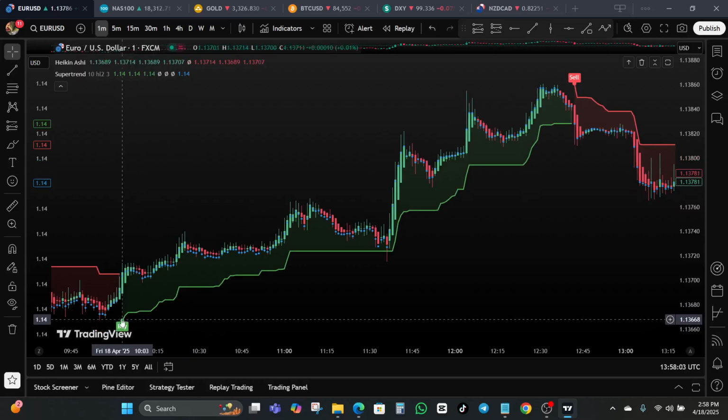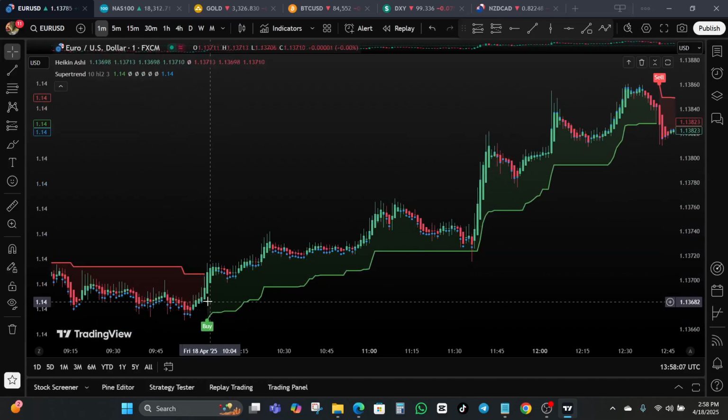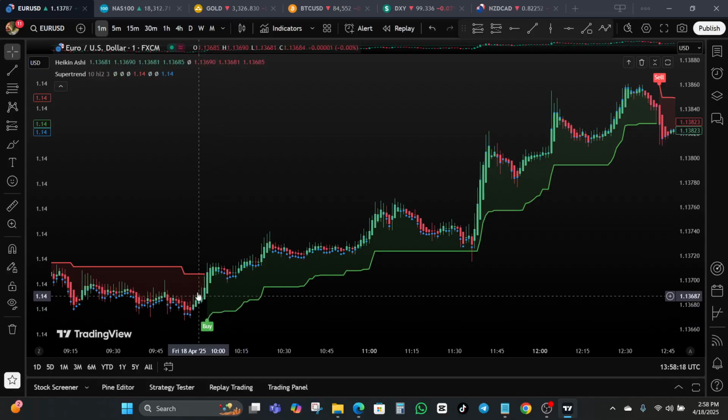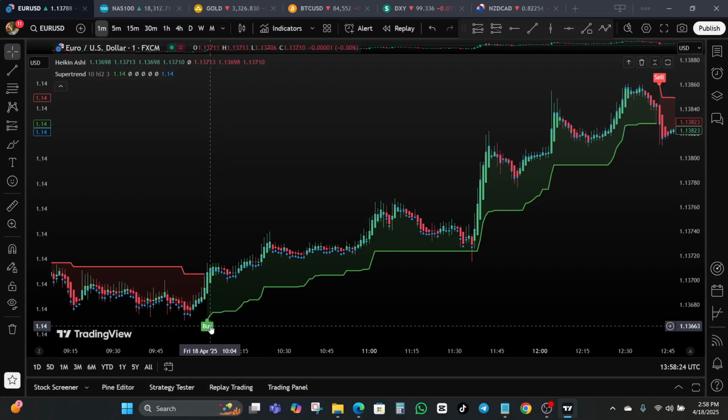You can see that after the Heikin Ashi painted consecutive green candles, about 3 consecutive green candles should be enough, the Supertrend indicator flips color from red to green and a buy signal was painted. So you can enter at the close of the confirming green Heikin Ashi candle.